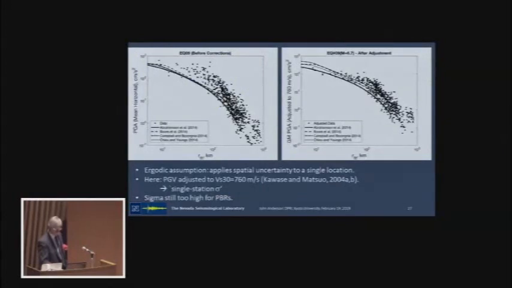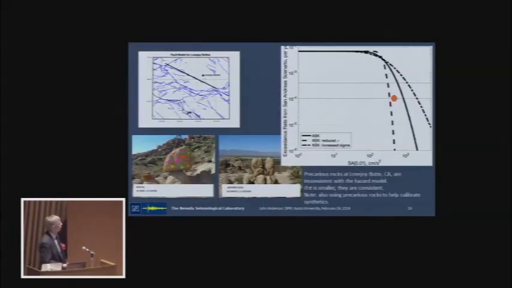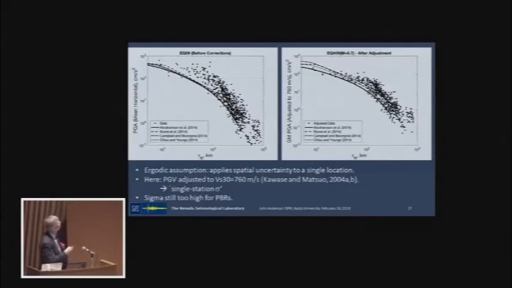This is another example. So here we have the peak accelerations that you saw previously for the 2011 earthquake in the Fukushima area. And so you can see all of the scatter that we have here.